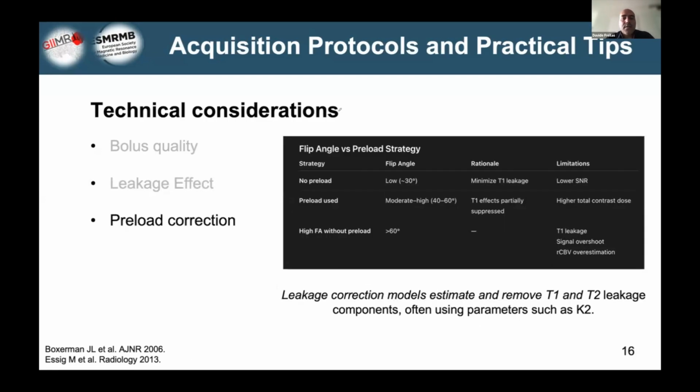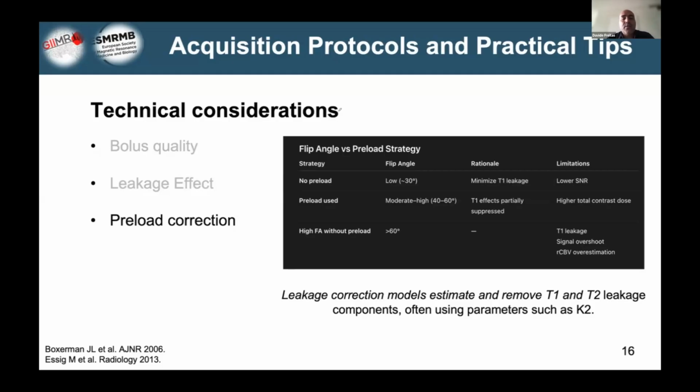To mitigate this leakage effect, two main strategies are commonly used. One is the preload administration, and the other is mathematical leakage correction. Preload refers to administration of a small dose of gadolinium-based contrast agent prior to dynamic acquisition, typically 5 minutes before the main bolus.